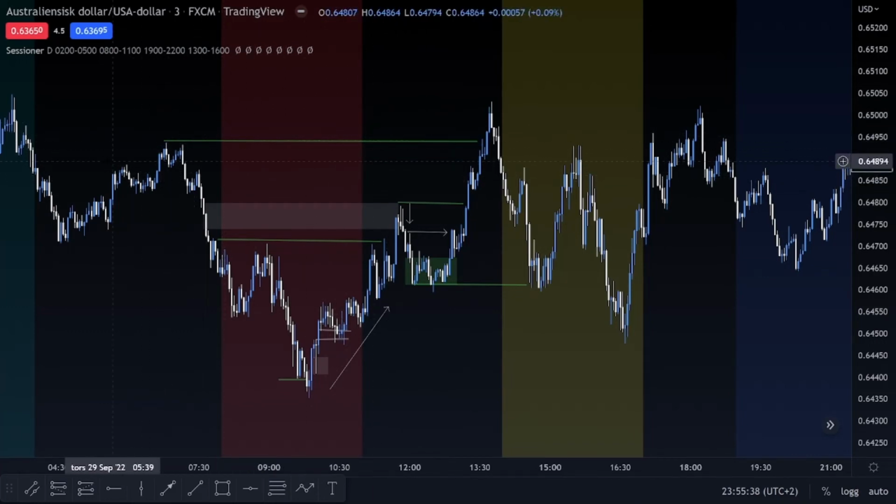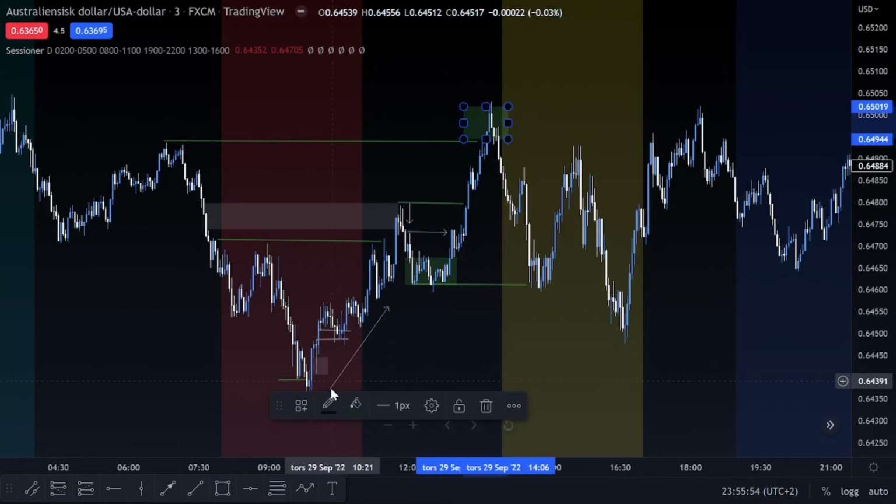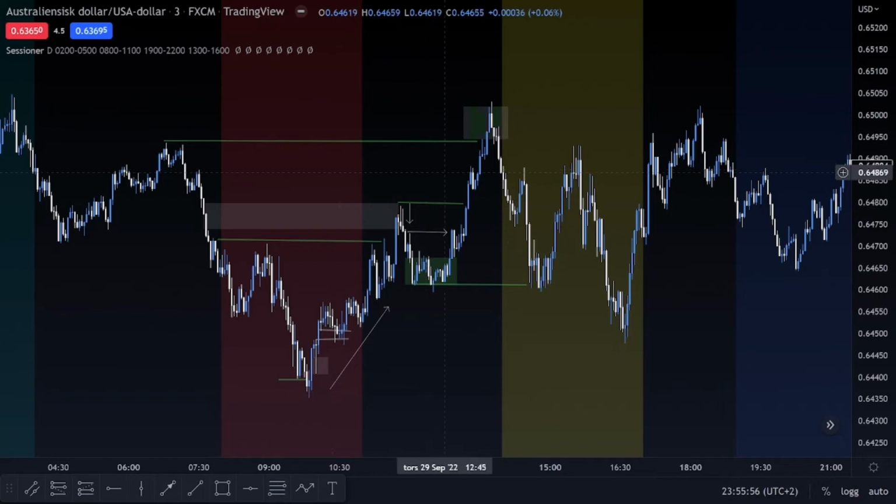We have this high from the late stages of the Asian session, or the early beginning of the London. And here is an area where it becomes more interesting. Why? We have price breaking out, it pulls back.